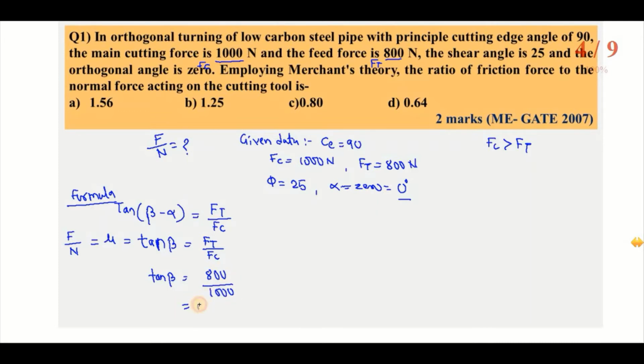So we get 0.8, which is tan beta, the coefficient of friction, which is the ratio of friction force to the normal force. So we got the value 0.8, which is option C, 0.80.